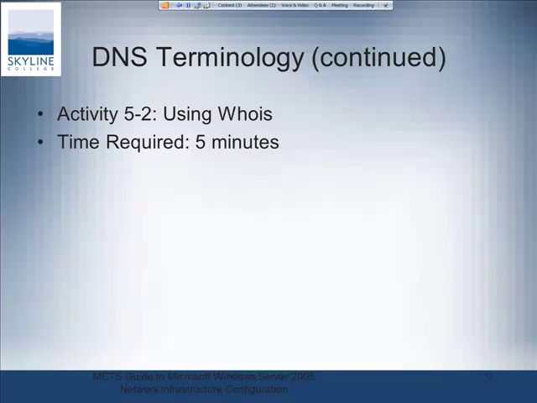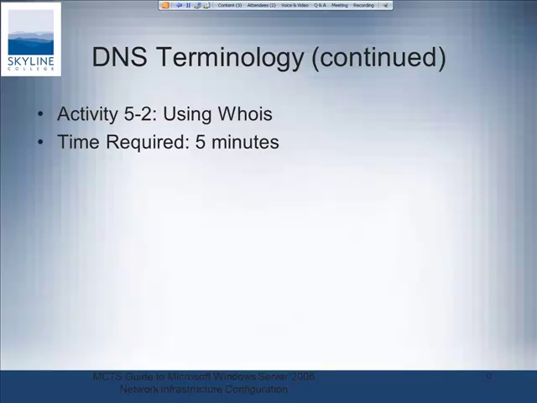We'll leave that one there. The whois, I want you to learn how to use the whois. It's a very handy thing. As well as doing the activity in the book, see what you can find out about ecpi.edu. I think you'd be kind of surprised what's there. They want you to use InterNIC. There are a number of whois locations. I'll give you another one.